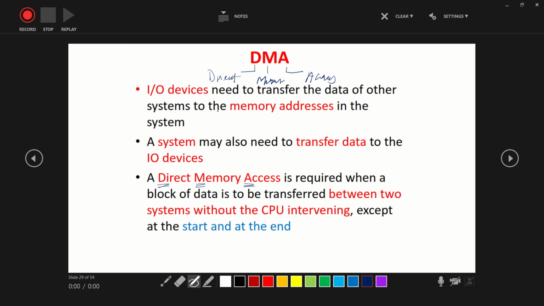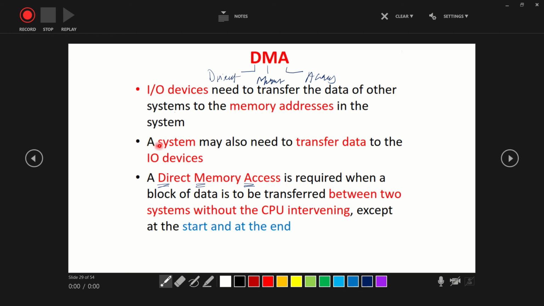How are we going to transfer it in a different way, without fetching or without disturbing the A register, the ALU of the main processor? Again, we are going to take the data transfer from IO device to memory. This is the point we are going to consider.